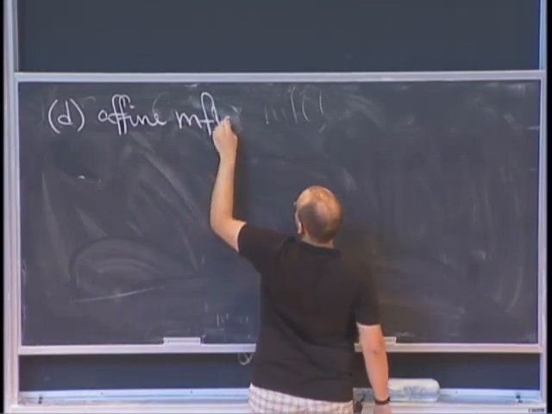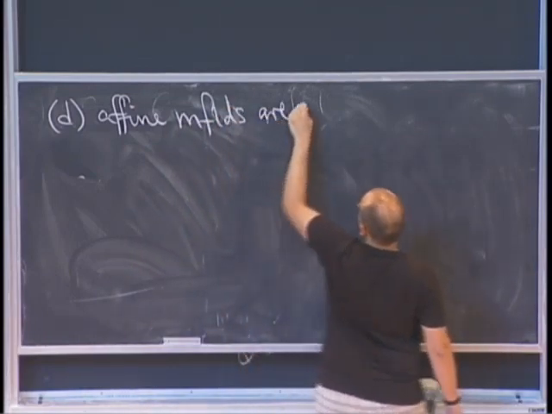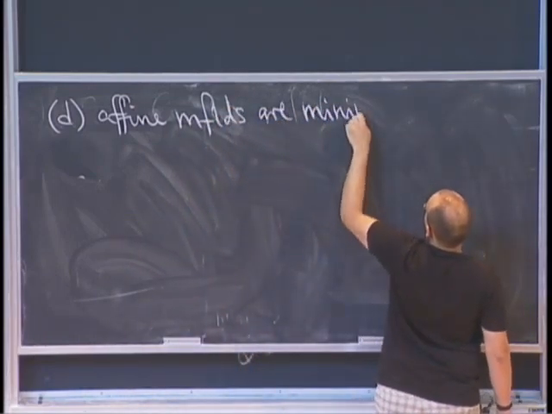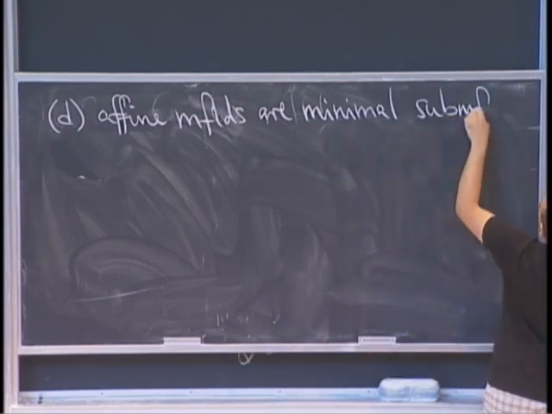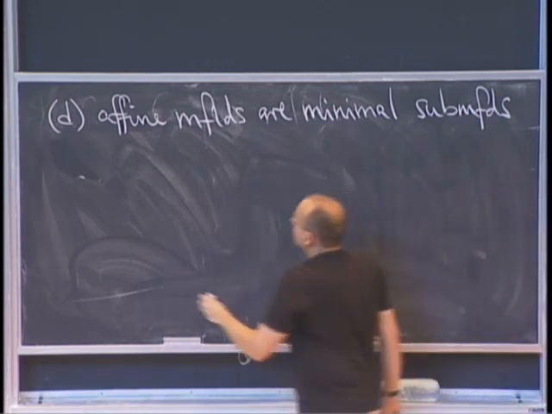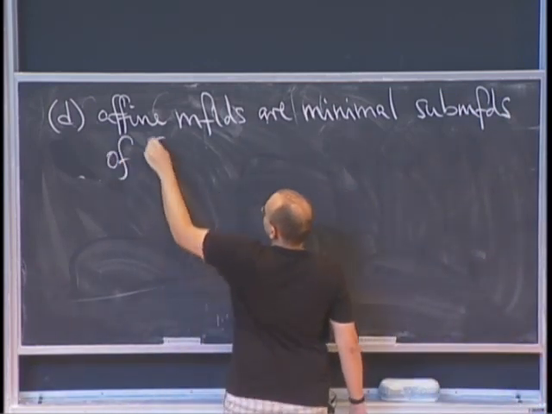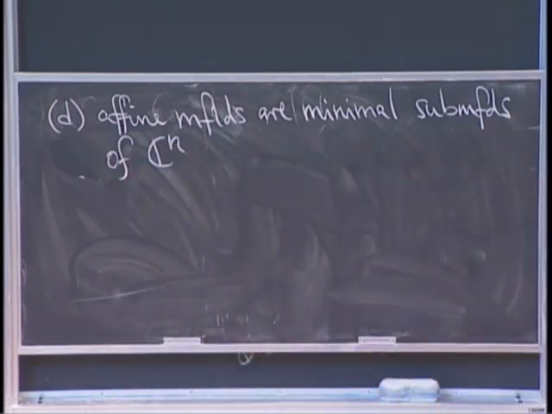Affine manifolds. So in the sense of minimal surface theory, that they are critical points for the volume functional.